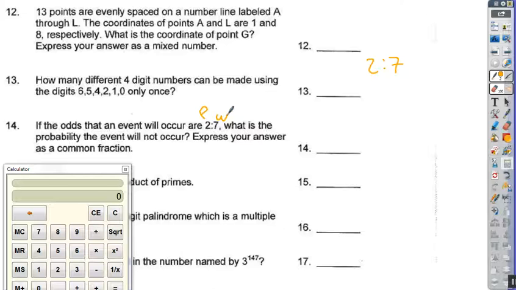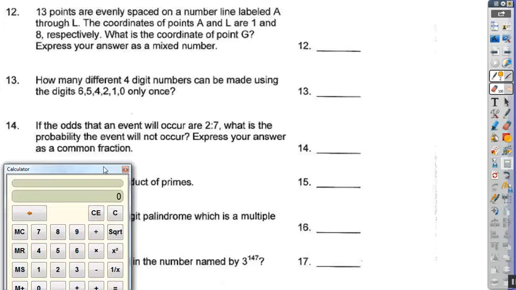Therefore, I have a grand total of, what is it? It will not occur. So I have 7 not occurring, and I have 9 total, because twice it'll occur, 7 times it will not occur, for a total of 9. So this was a question of part-to-part versus part-to-whole ratios. That's not whole, that's won't occur, right?